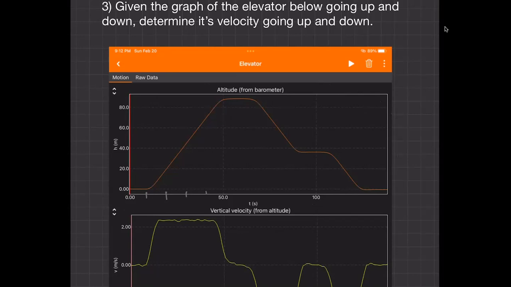How do you determine the velocity in a position time graph? Think about it. The slope, right? The slope is equal to the velocity. So the slope here is delta x over delta t.